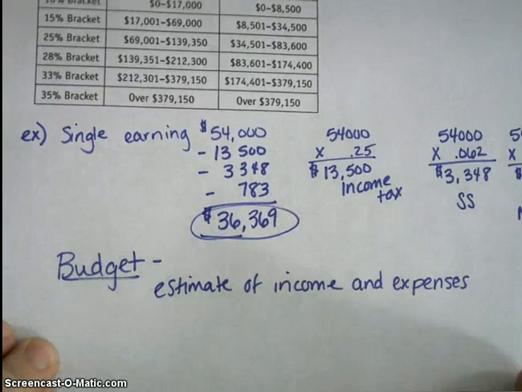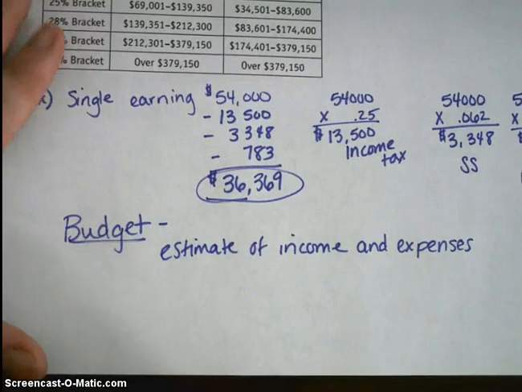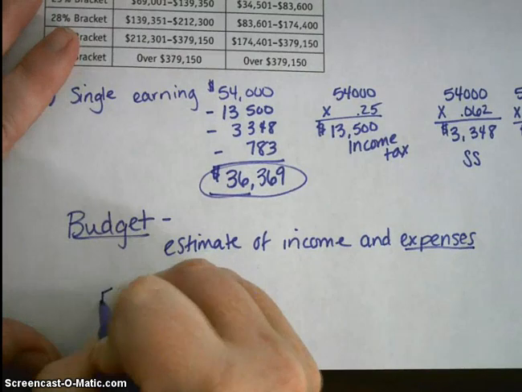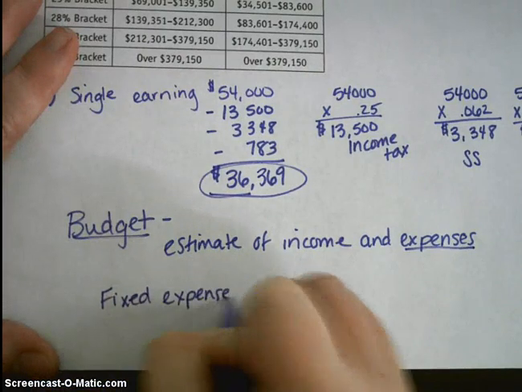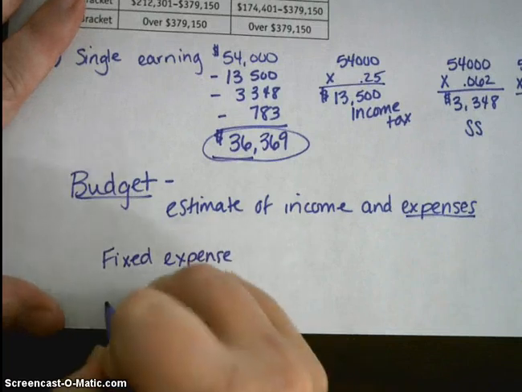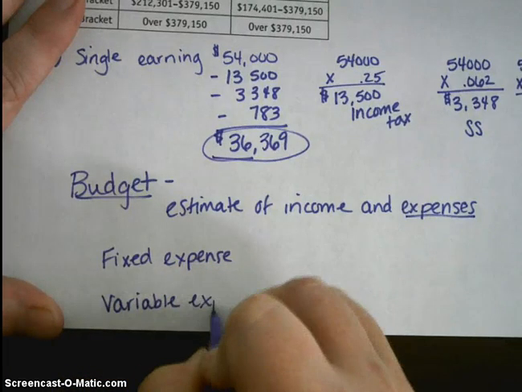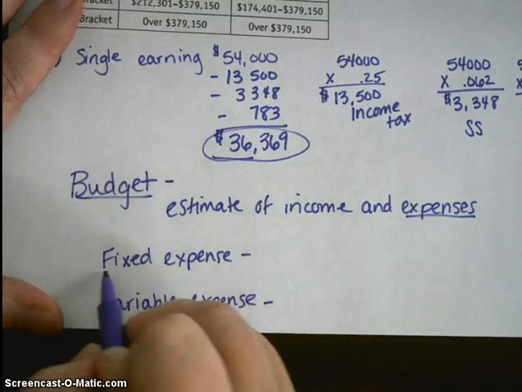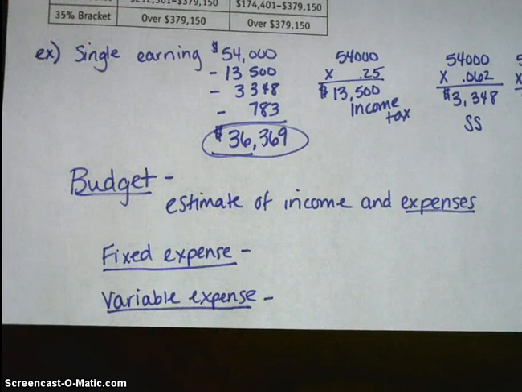So in my budget, I am going to have two types of expenses. I'm going to have a fixed expense, and I'm also going to have variable expenses. And if you can tell by the words, a fixed expense is something that stays relatively the same.